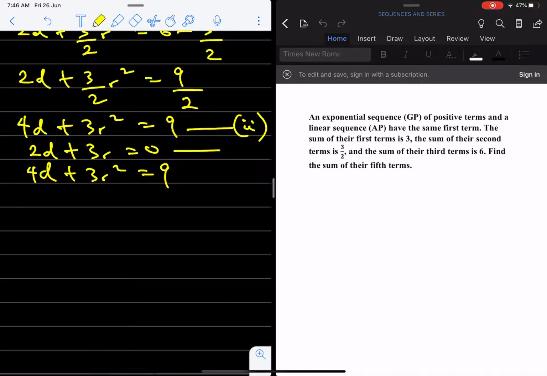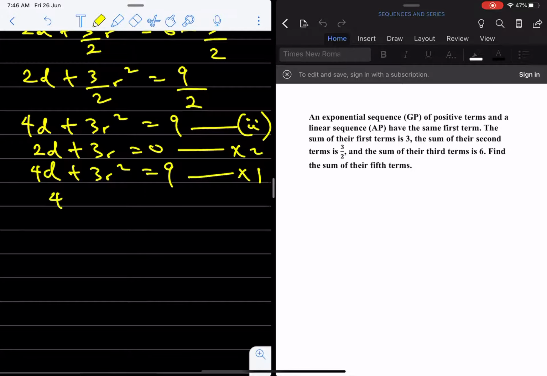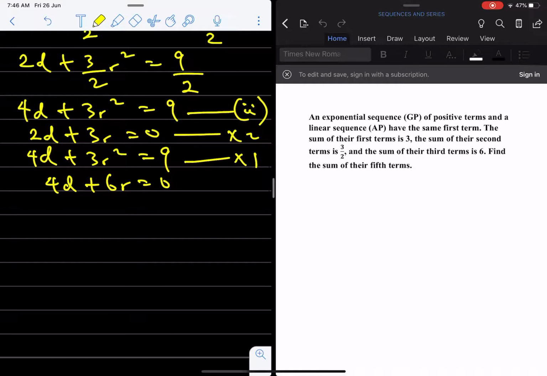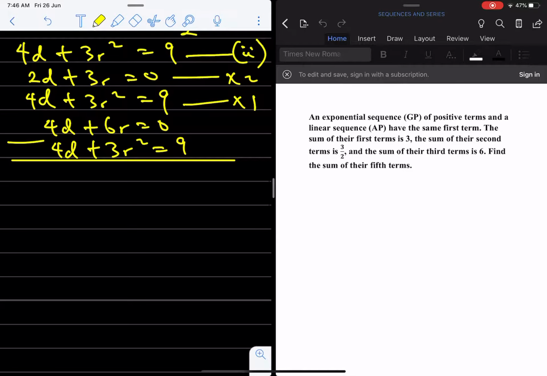I want to multiply equation 1 by 2 and equation 2 by 1. That means 4D plus 6R equals 0, and 4D plus 3R squared equals 9. Now, I can solve by elimination. I want to subtract the second equation from the first.